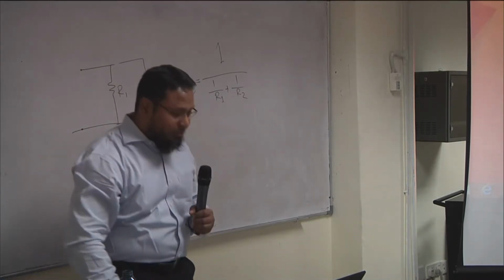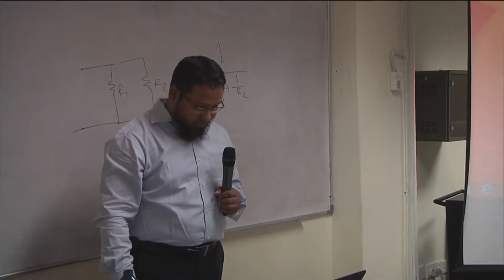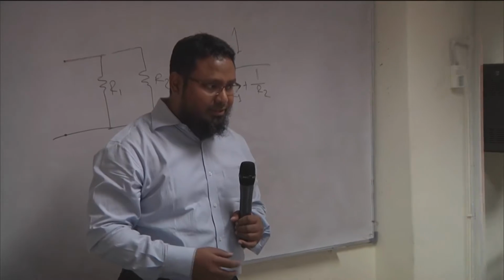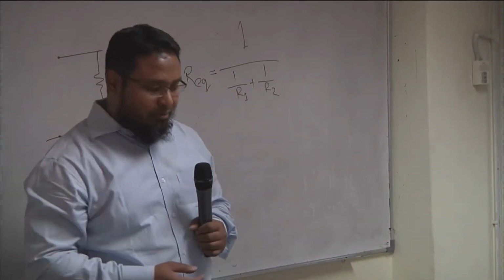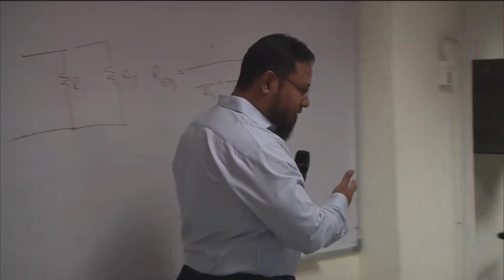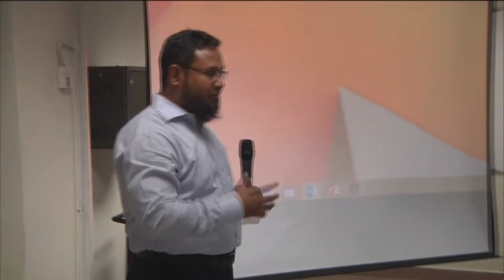So also we talked about the parallel combinations and series combinations. In the case of a parallel combination, we saw a problem where we had to find the current through the main branch of a parallel circuit.